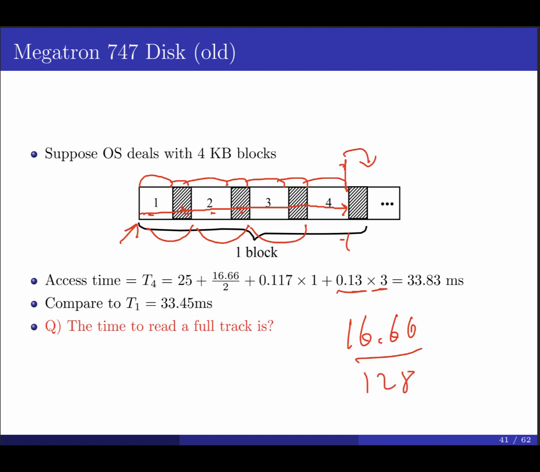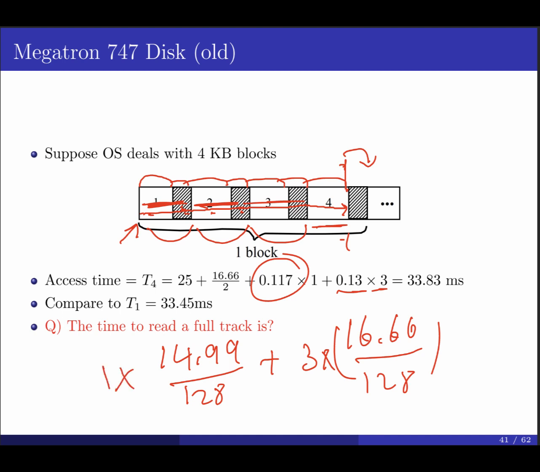This is going to be 3 times, in order to compute the first with gap, second with gap, third with gap. Then plus, I need only the time without gap, or transfer time for 1 sector, the same as when you have 1 block equal to 1 sector. It's going to be 14.99, hopefully the same number, divided by 128, multiplied by 1. That's why I said this one plus 1, it's plus 3. This is the time here, 33.83.